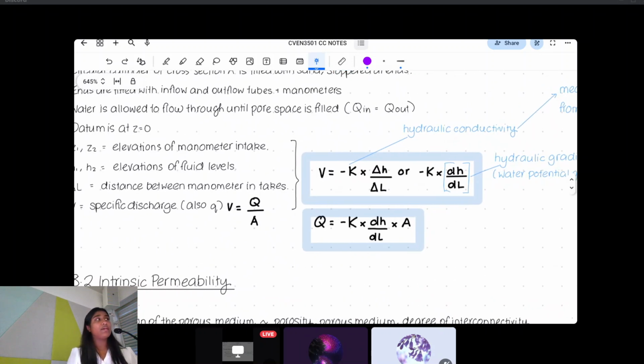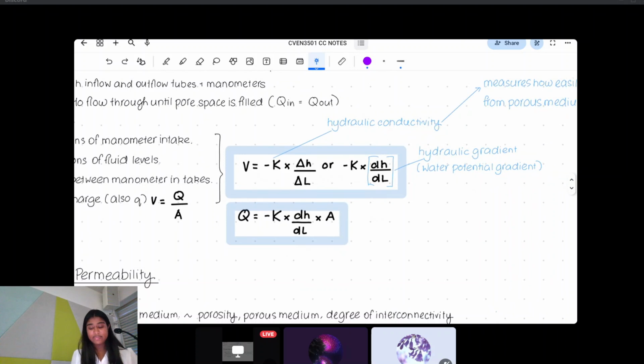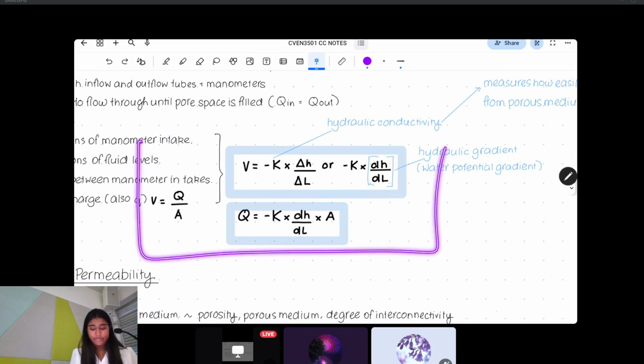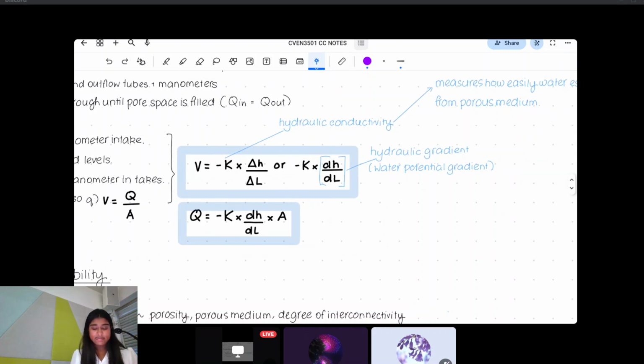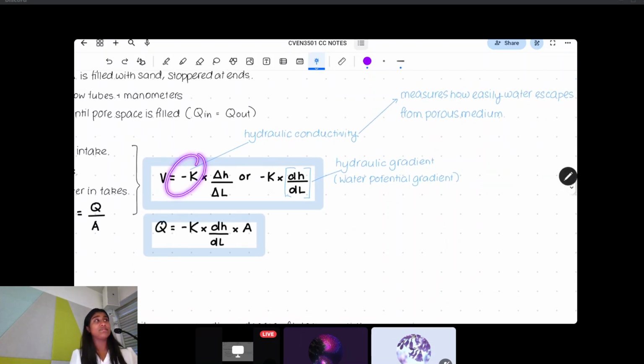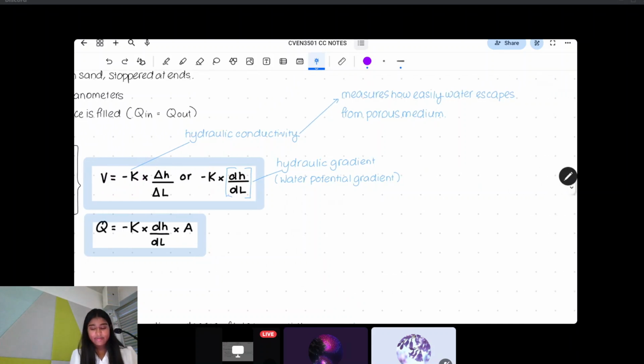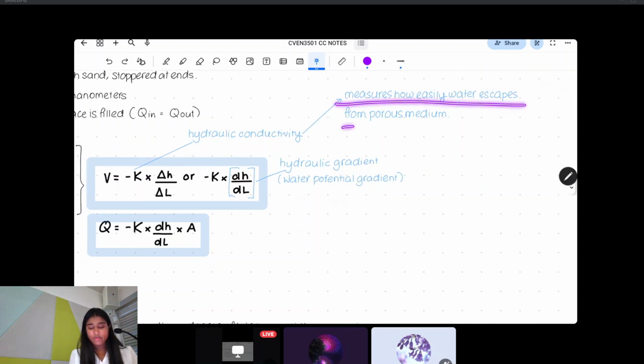The important part about Darcy's experiment is that it's how we're able to visualize Darcy's equation, which shows a really important relationship between several components. The first is the water velocity. The second is hydraulic conductivity, notated by the capital K, which is a measure of how easily water escapes from a porous medium.